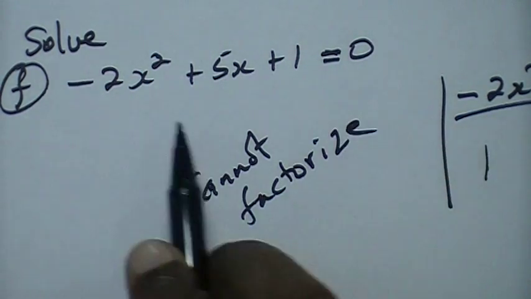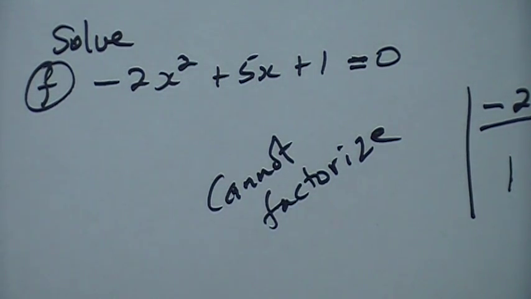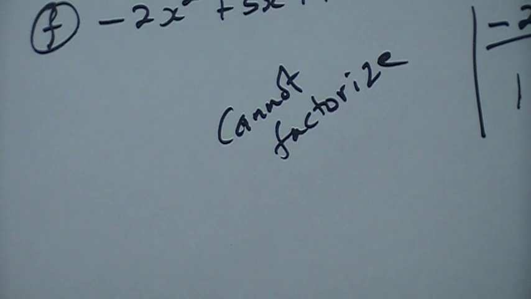So yes, there are some quadratic expressions that cannot be factorized. So how do we solve it? Well, there's another method that we'll look at in the next video, and this method is known as using the formula.